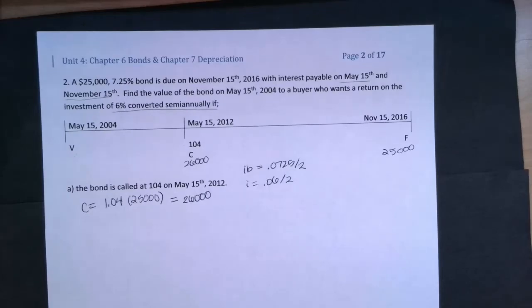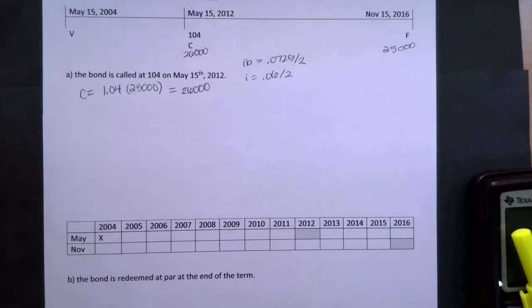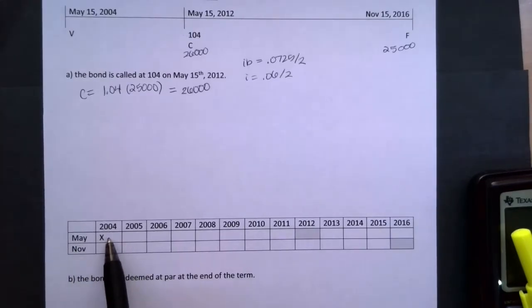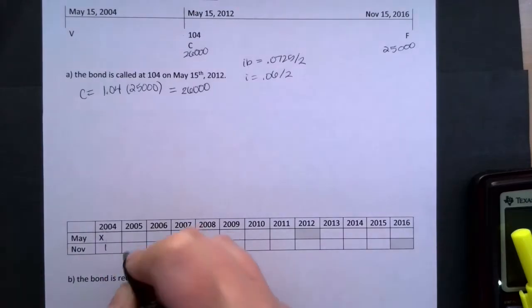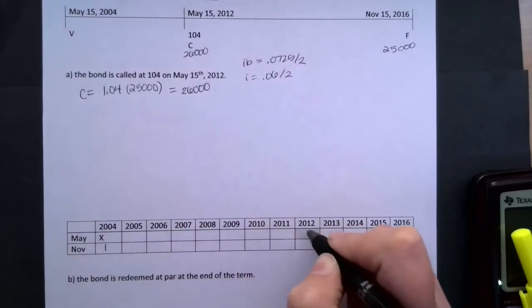For N, to help me keep track of what's going on, I made a table. We buy it in May 2004, and we're not going to collect interest that day, so the first time we get interest is in November 2004, and then we just keep adding 2 until we get up to this.